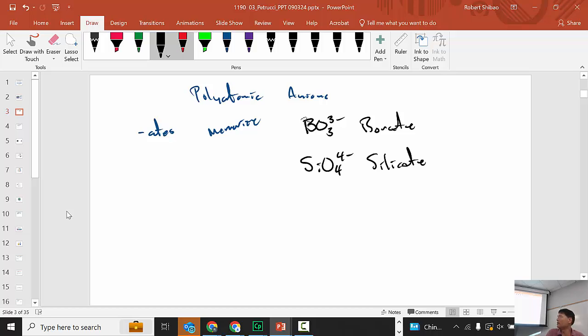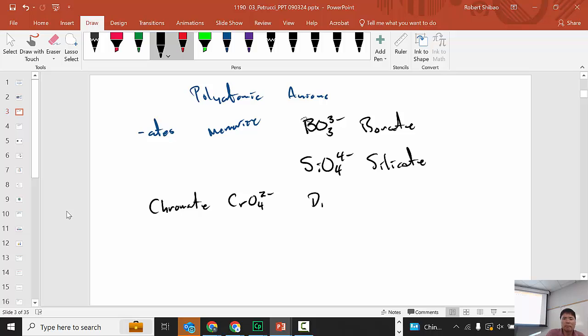And then there are some others that we need to just outright memorize. However you memorize these, you could look for patterns or whatever else. Things like, and these are in no particular order, chromate. What's the formula for chromate? Yes. Chromate is that.